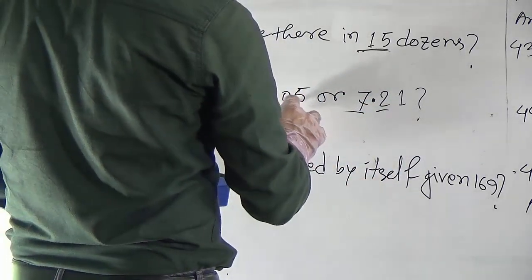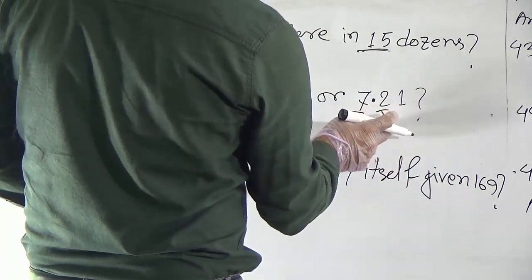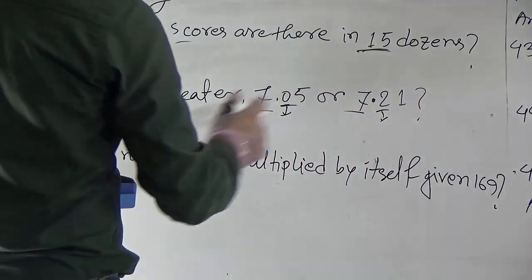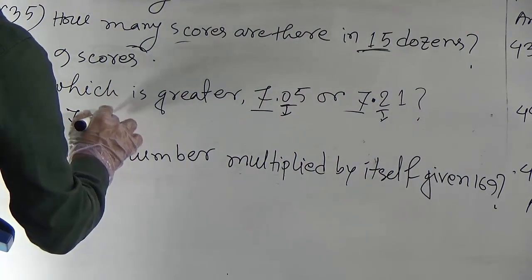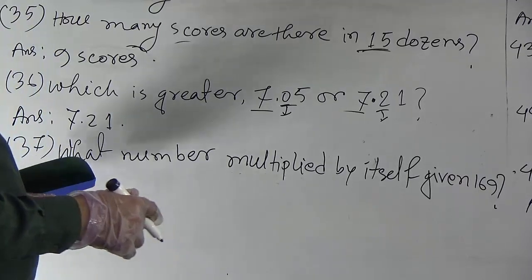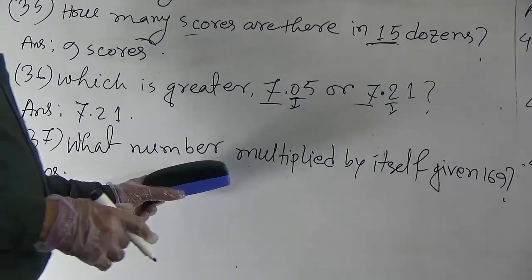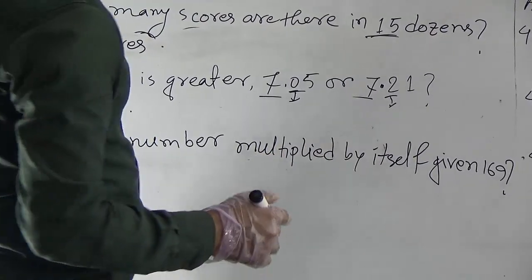As the tenths place is 0 here and 2 here, the second number is greater. So the greater number is 7.21.